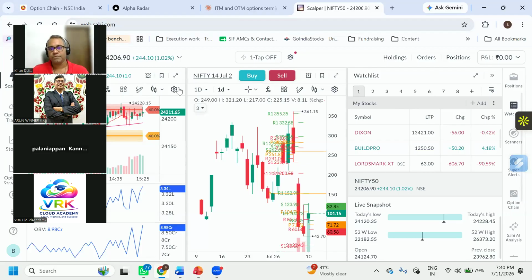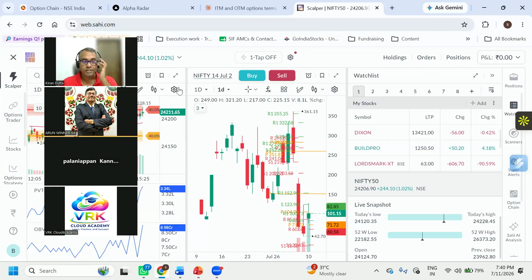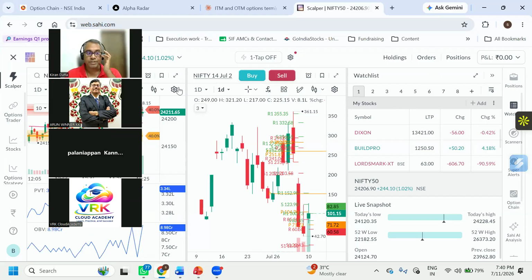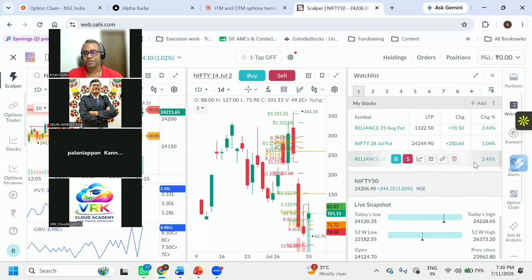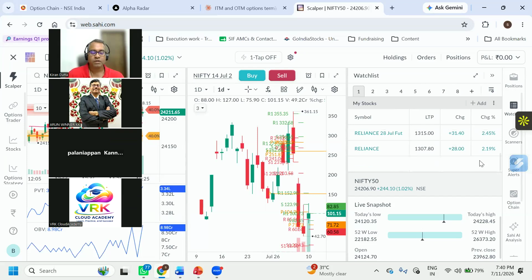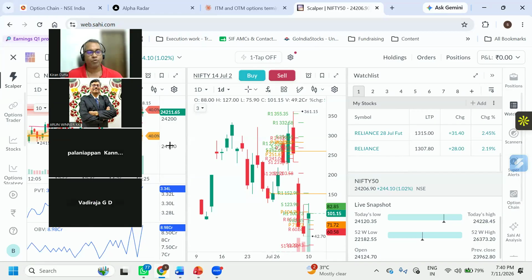Okay. So I want us to understand two interesting concepts here to start with. Let's go back to the Reliance example. We have seen Reliance three days ago. What is the price of Reliance here? 1307.8. 1307 is the Reliance price here.